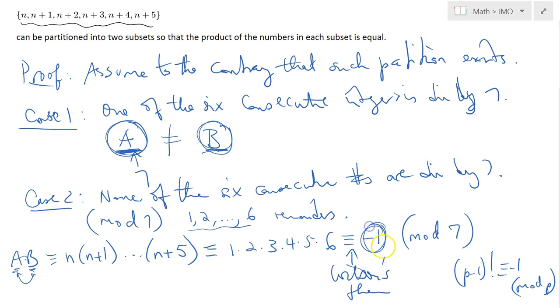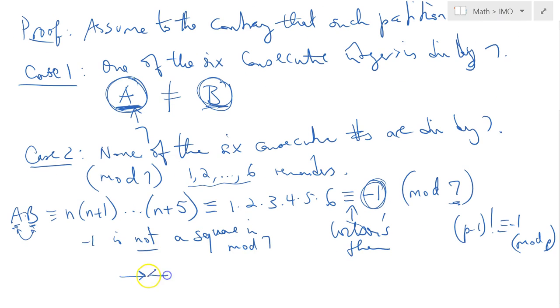So minus 1 must be a square in mod 7, which is not the case. Minus 1 is not a square in mod 7, and this is the desired contradiction, suggesting no such partitioning exists, and we are done.